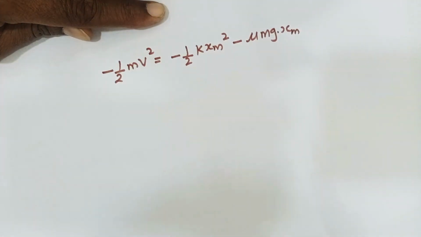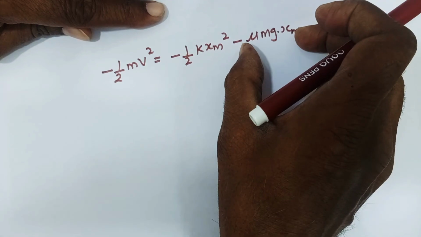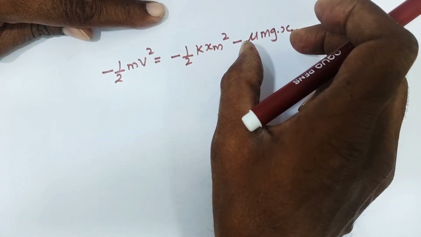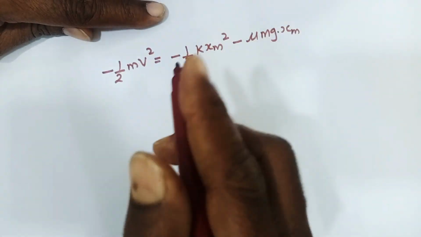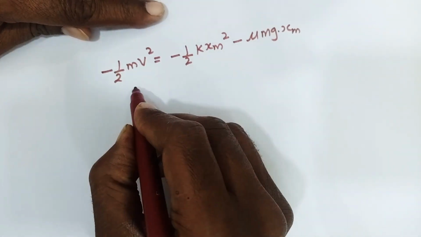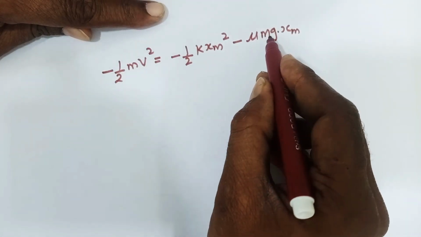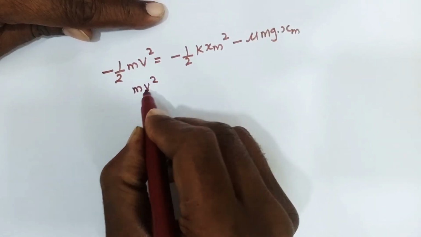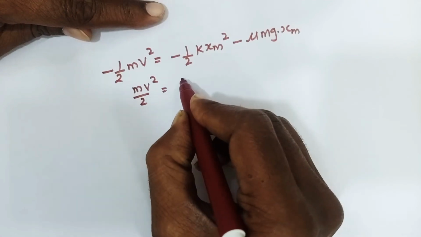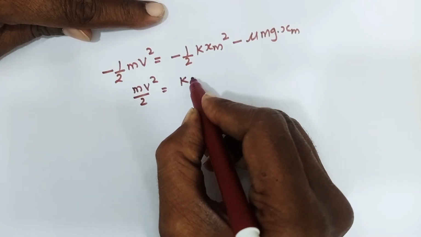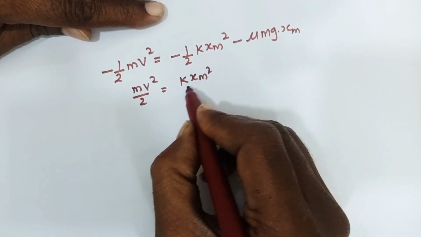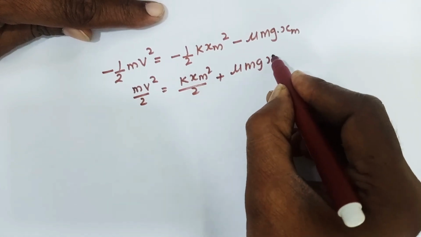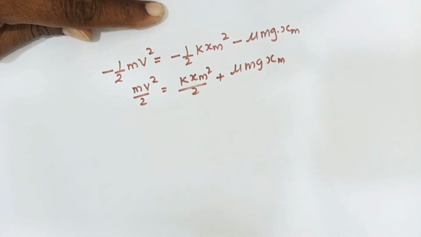When friction is not there, this term will be 0, but since we have friction, we have to consider the work done against friction. When we solve, the 2 will go there and the minus signs will cut. Xm means maximum compression.